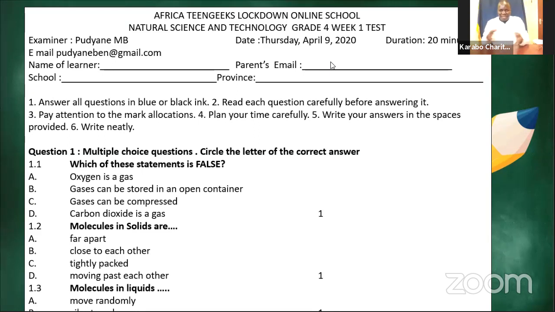Now, the air is composed of different gases. This is another question. Tell me which 2 gases you know that are very dangerous to us. They cause what we call global warming. Chlorine, number 1.